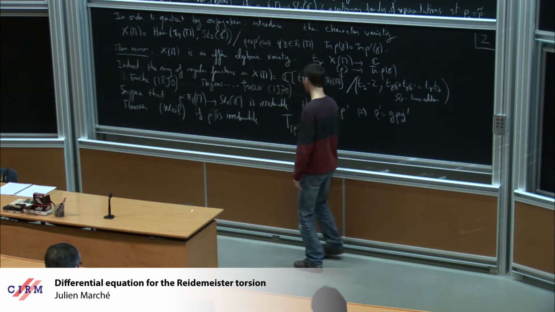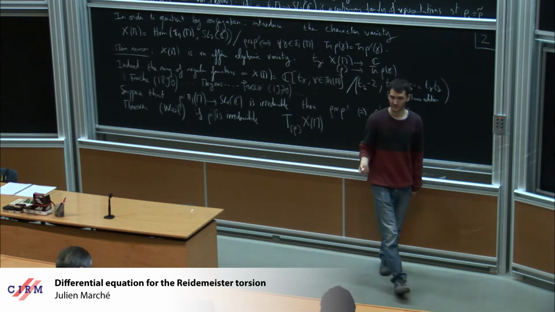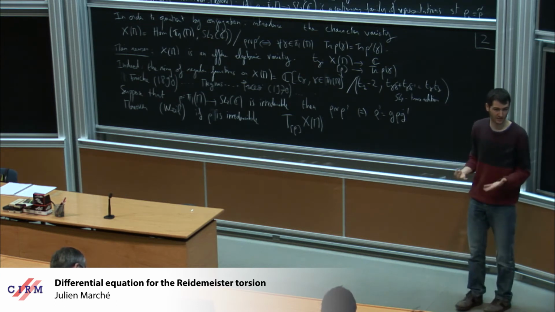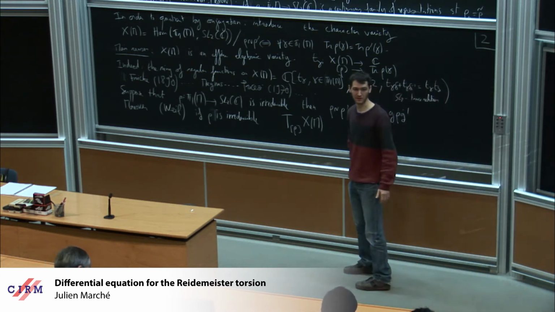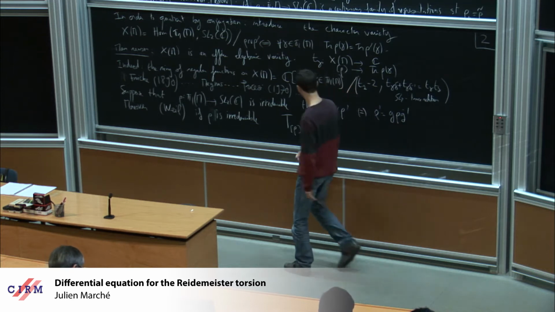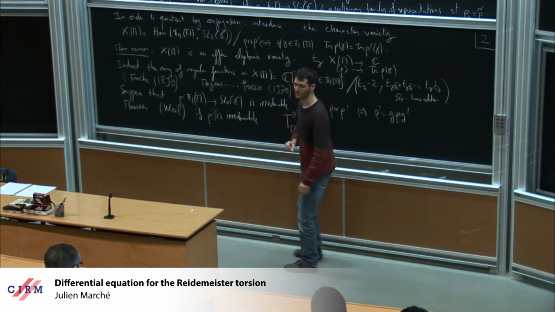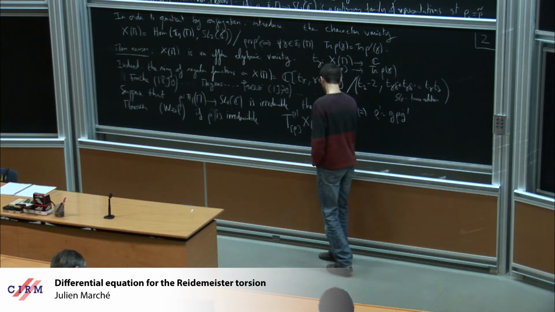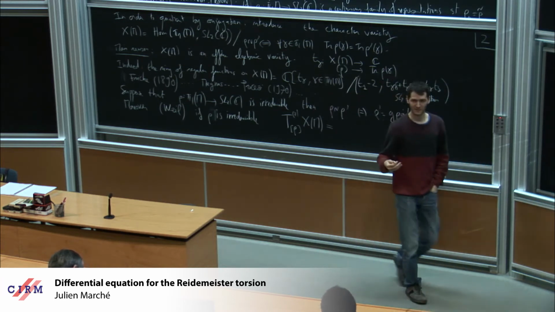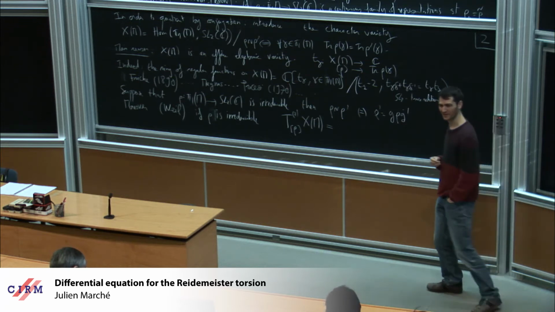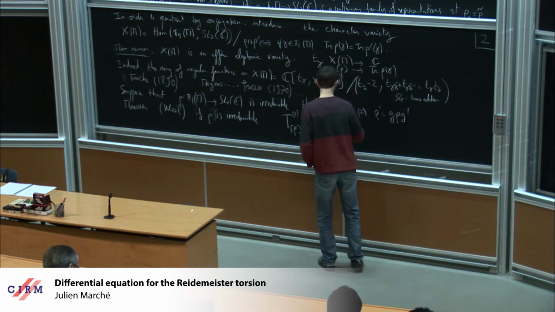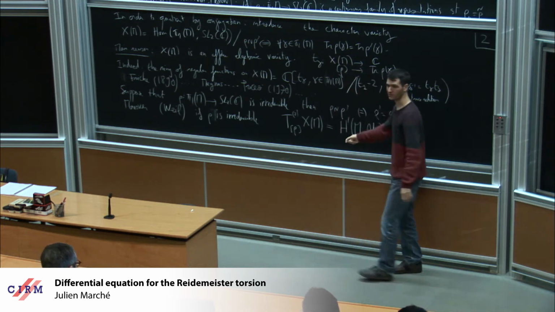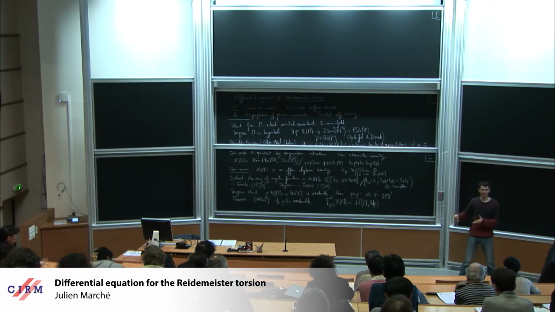Recall that this is an algebraic variety. In no way is it smooth, but it's an algebraic variety, so it has some tangent space. It's well defined. It's Zariski, but usually I do not write Zariski here. And this can be computed with some H1 of the manifold M with twisted coefficients, Ad rho.